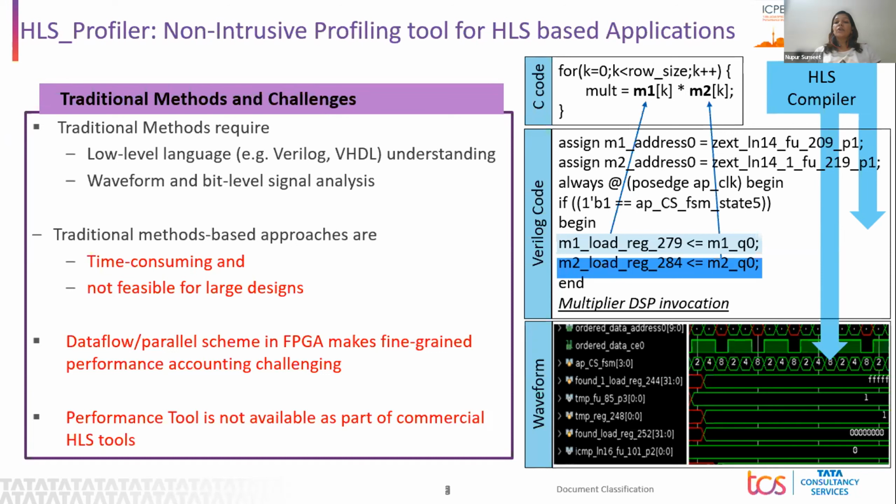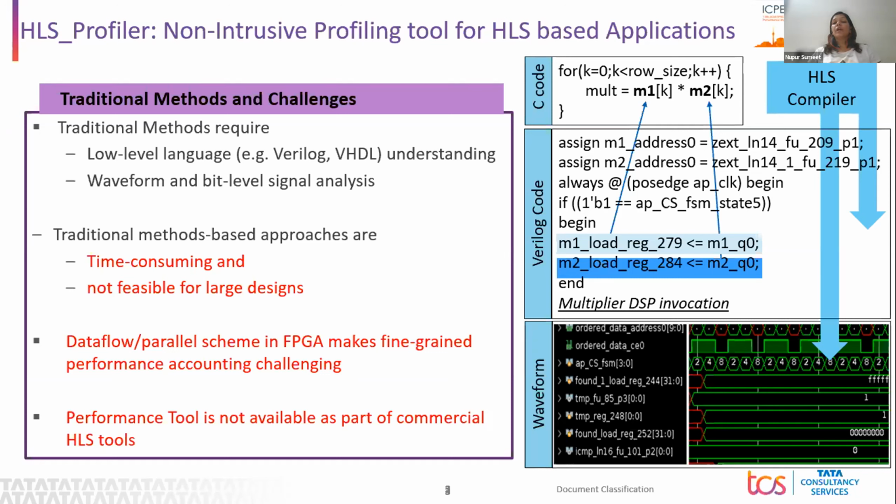This upsets the ease of coding benefit HLS development tools bring, since eventually familiarity with HDL is required. Additionally, manually linking the RTL signals to source code is a time-consuming and complex task, especially for large designs. The highly parallel, pipelined, and data flow-based execution in FPGA designs makes performance accounting a challenge.